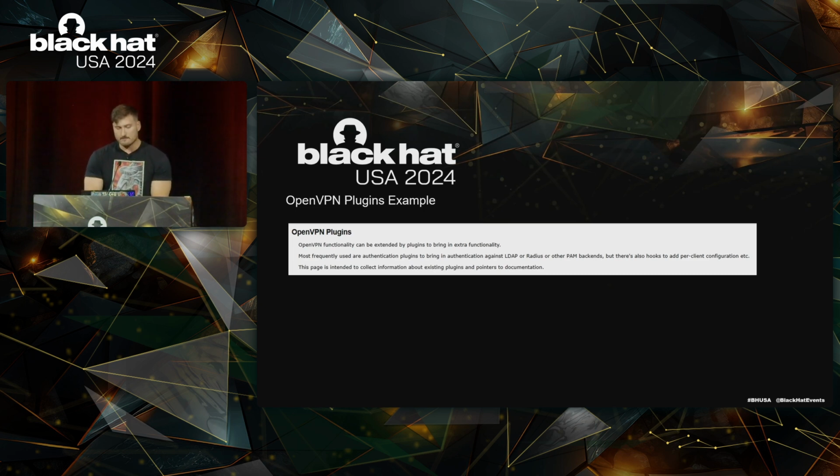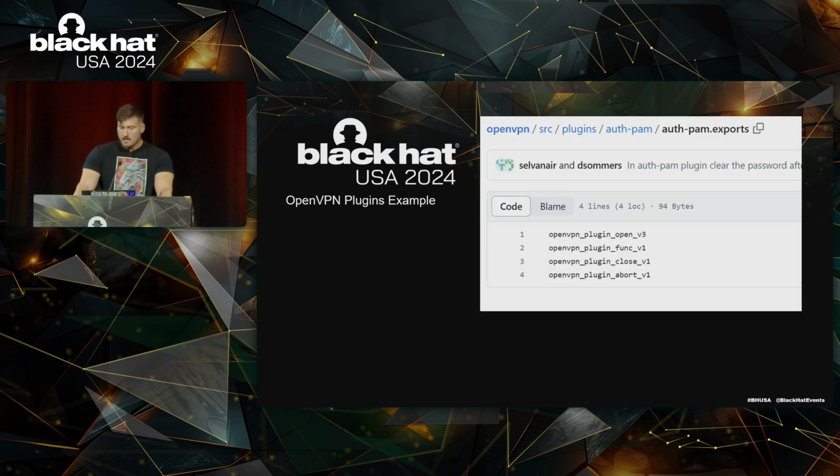Another very interesting mechanism of OpenVPN is the plugins mechanism, which allows authentication against LDAP and RADIUS backends and servers. How do we achieve that? Basically, we can compile an SO object, a shared object, or a DLL with exported functions, and then the OpenVPN binary will load it and execute it. Now, those are the functions that we need. Open is the initialization of this plugin.